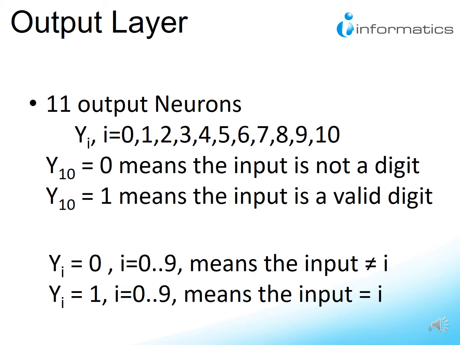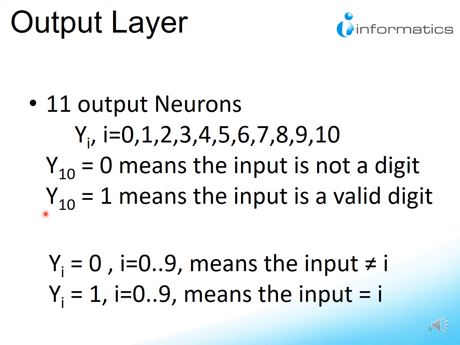There are 11 neurons at the output layer, Y0, Y1 all the way to Y10. Y10 is used to distinguish whether the input is a valid digit or not. If the activation of Y10 is 0, it means that the input is not a valid digit.